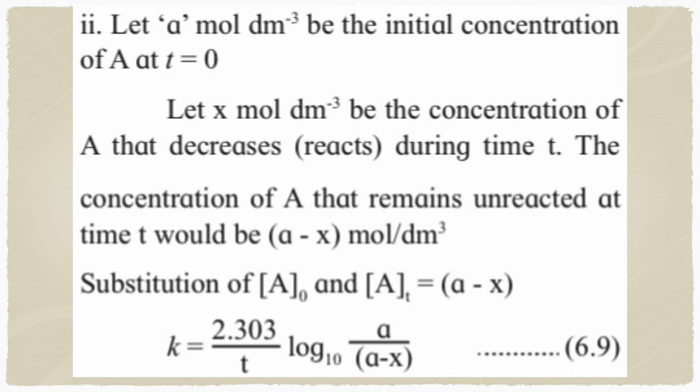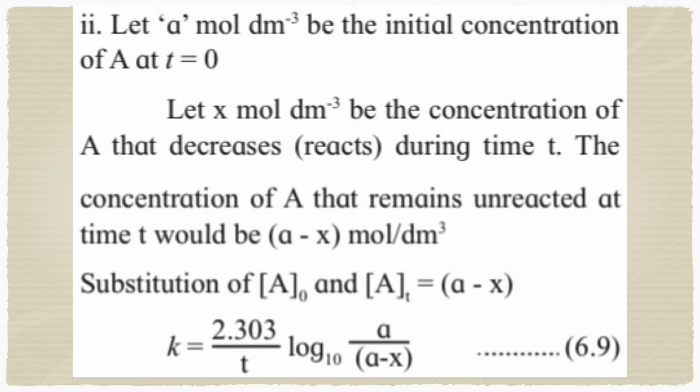For the second form of writing the rate law, we have to consider the initial concentration of A as small a. Let a mol dm⁻³ be the initial concentration of A at time t = 0.